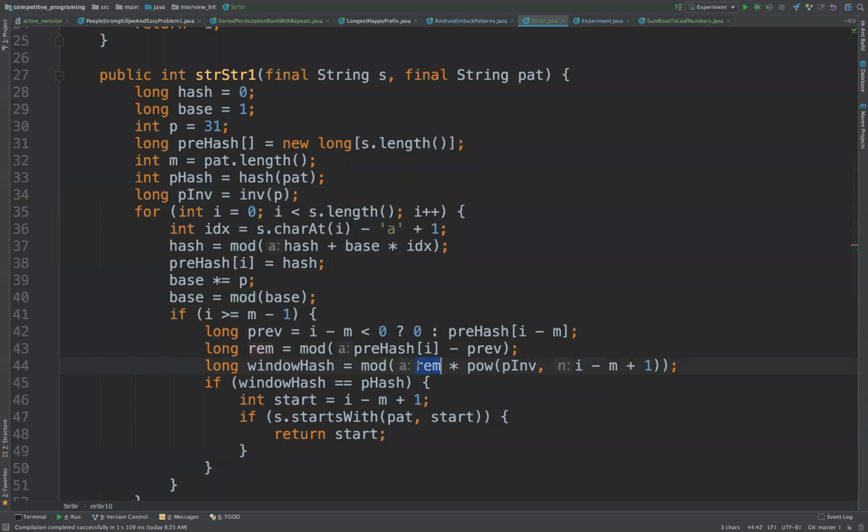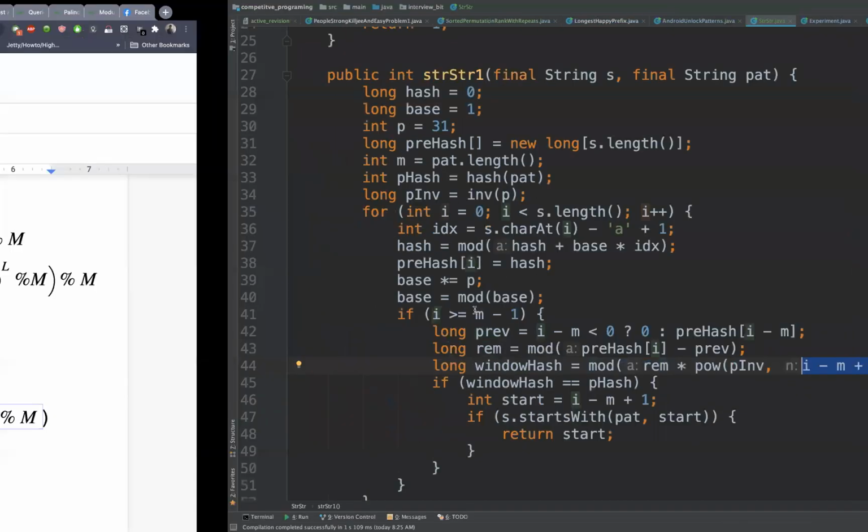We have found rem by doing the prefix hash, which is hash of r minus hash of l minus 1. Rem represents that, and then we are multiplying it by PO of inverse, i minus m plus 1.